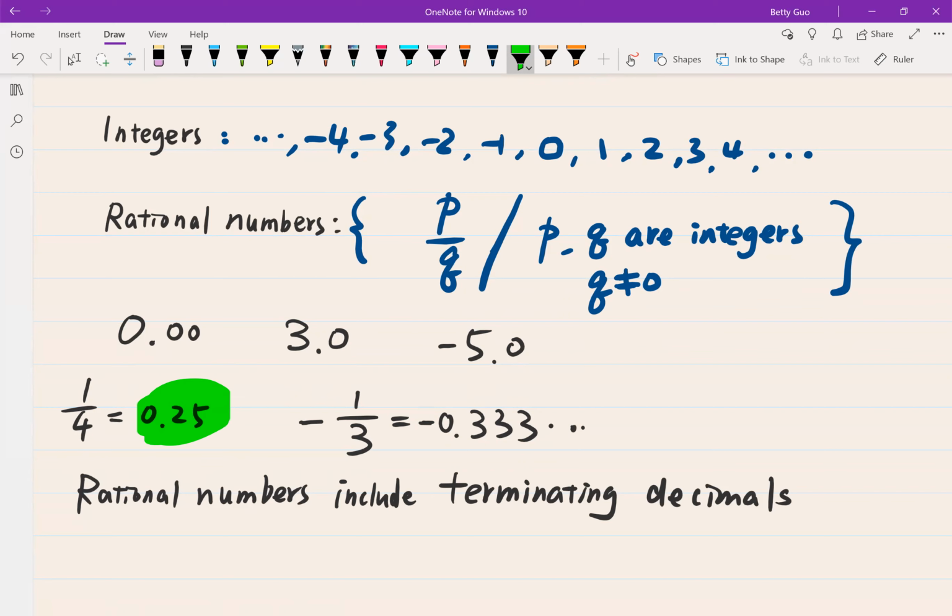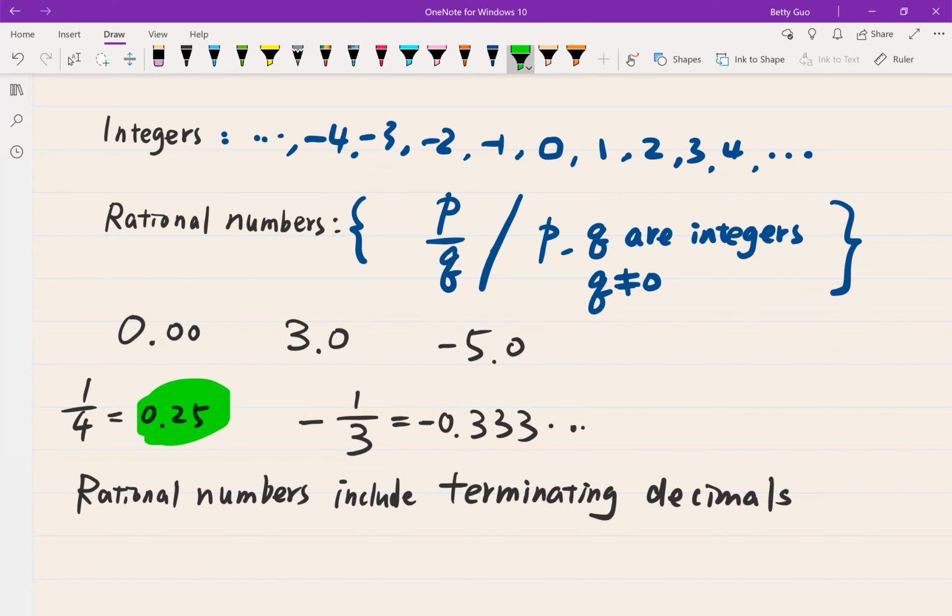There are infinitely many digits to the right of the decimal point. So 0.333 with 3 repeating is non-terminating. Rational numbers include terminating decimals, like 0.25. Even if you have a million digits to the right of the decimal point, it is still terminating.